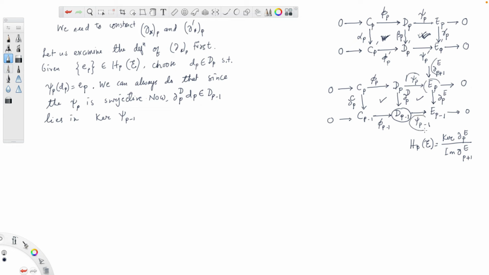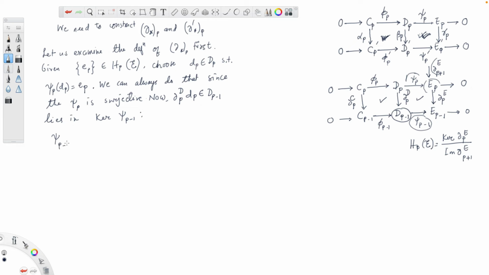So this map psi_{p-1} takes D_{p-1} to E_{p-1}. The kernel of psi_{p-1} is a subgroup of this abelian group D_{p-1}, and the point is that this image of d_p under the boundary homomorphism del_p^D belongs to the kernel of psi_{p-1}. How do we see that?